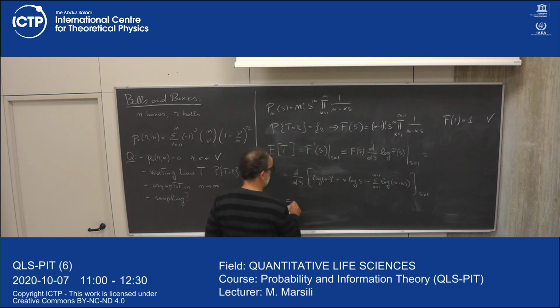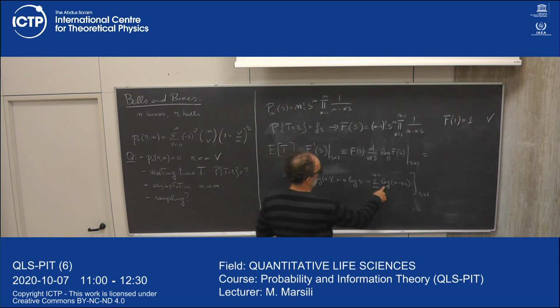And so what do you get? Well, you get n divided by s, but then s is equal to 1, so the derivative of this just gives you an n, and then you get minus the derivative of the logarithm, which is a minus k here, so you get plus the sum from k equal 1 to n minus 1 of k divided by n minus k.